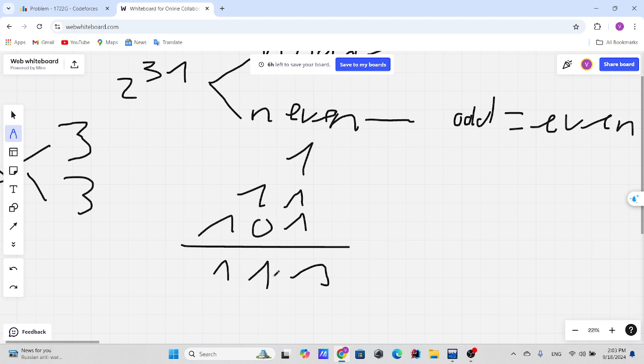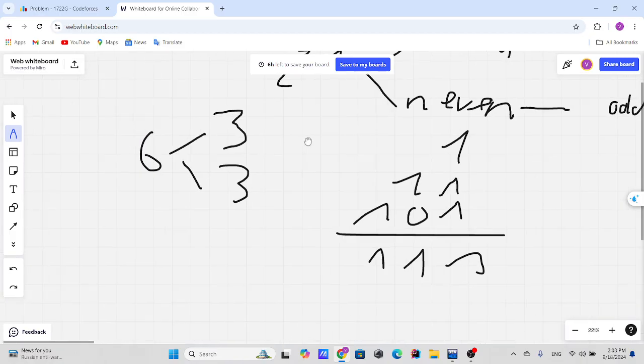Okay, now I understand it. If we XOR all even numbers, it will still be even. The number of odd numbers must be even, right?